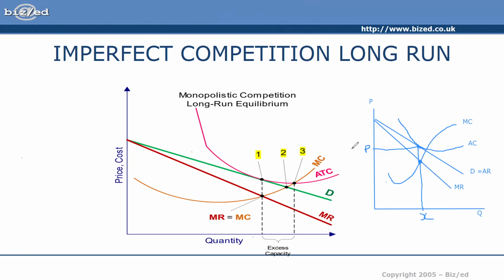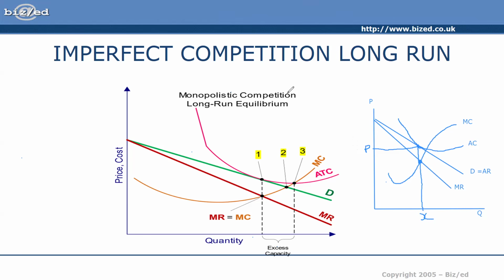So for imperfect competition, monopolistic competition, oligopolies and monopolies, technically it is possible for them to make all three in the short run. They can make normal profits, they can make losses, or they can make abnormal profits.